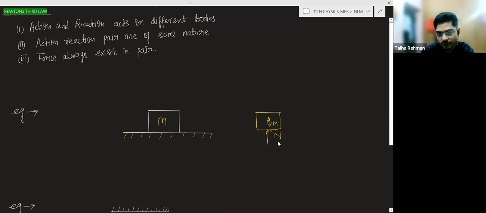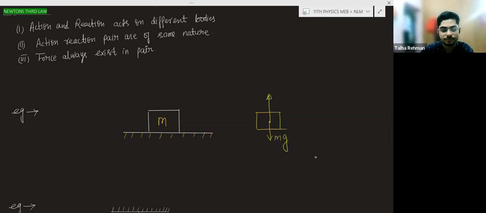Okay, so we can draw this like this: mg, and this is the normal reaction. What is the cause of the normal reaction? The surface is providing the normal reaction to this mass m.